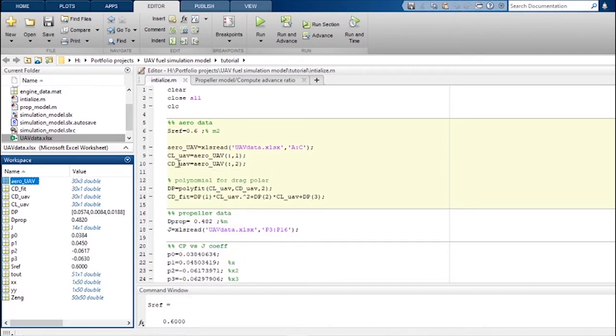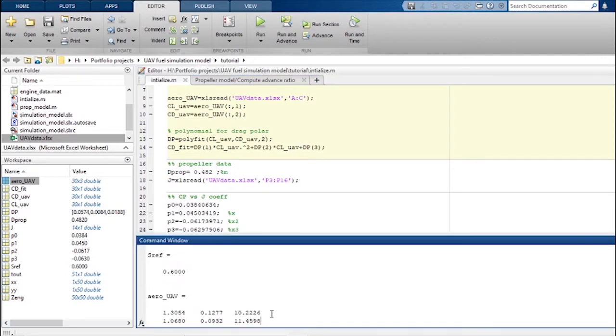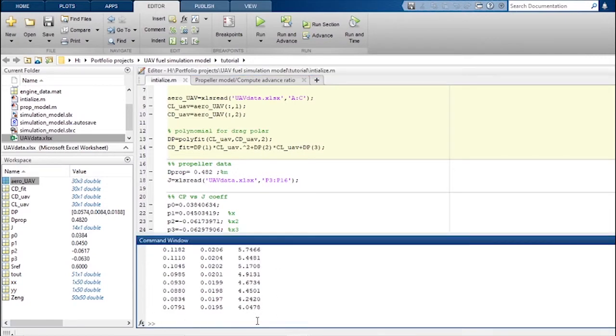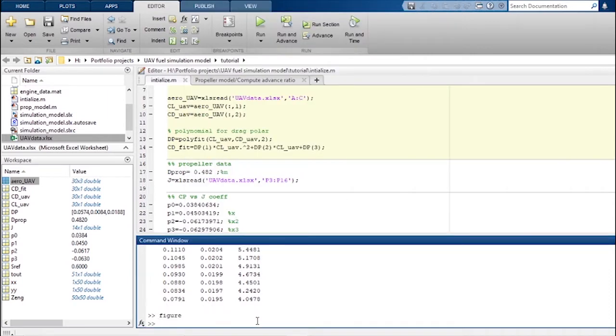Once I have these values, I want to develop a polynomial equation which would model the drag polar characteristics. To do that, I use the polyfit function, and I also specify the order of the polynomial, which is 2. So let me quickly show you the drag polar plot.